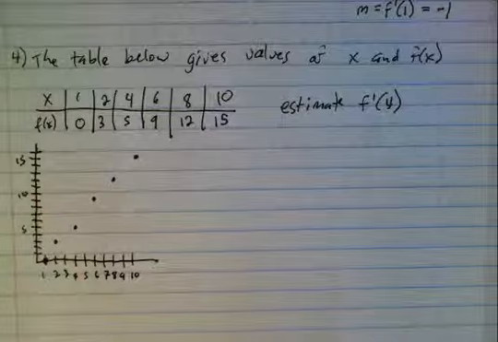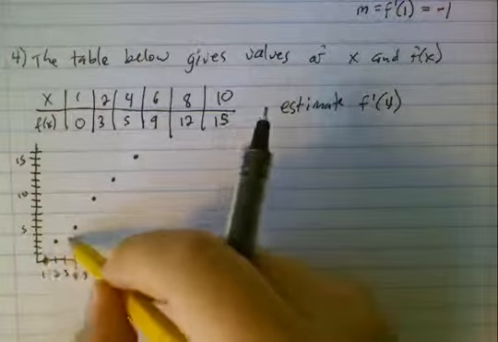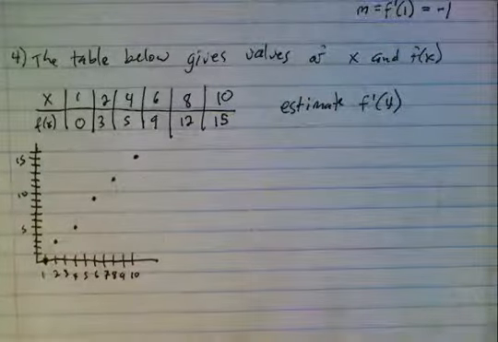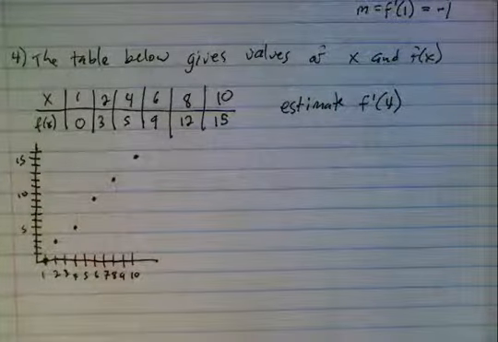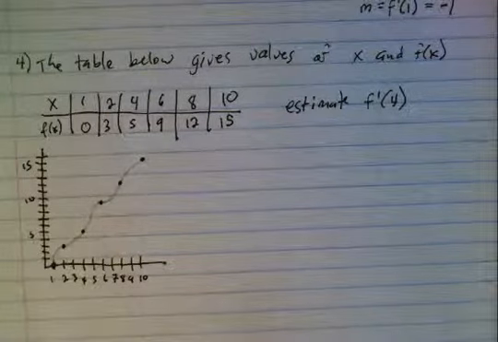Now we have no idea what this actually looks like. It could be some completely radical, weirdo, funky curve like that. Well, actually that wouldn't be a function, but almost like that. Or it could go in some completely other direction. We really don't know.